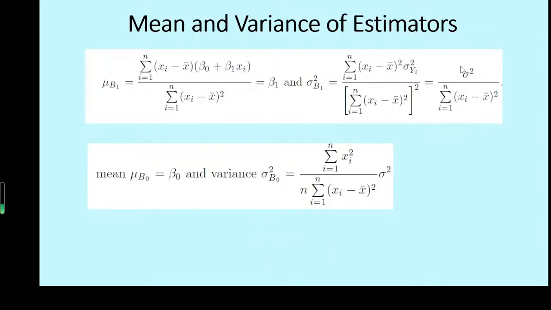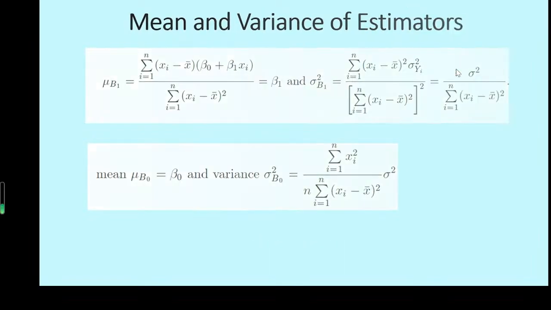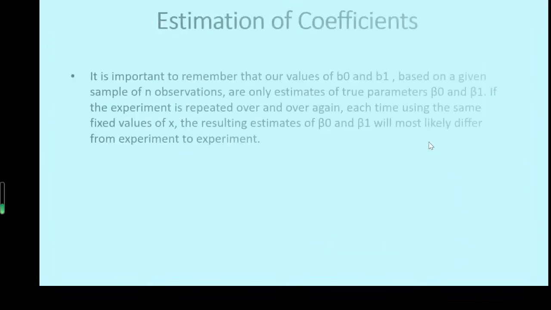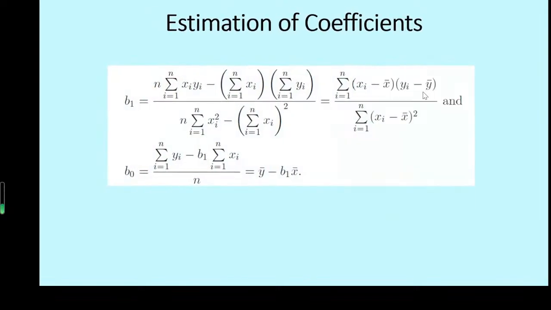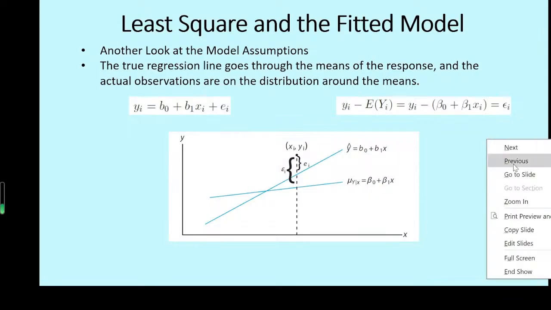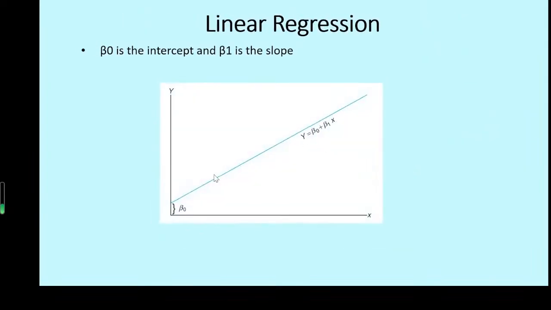For the same variance of the error term. So this means, if we look back to the linear regression line, what does this mean?